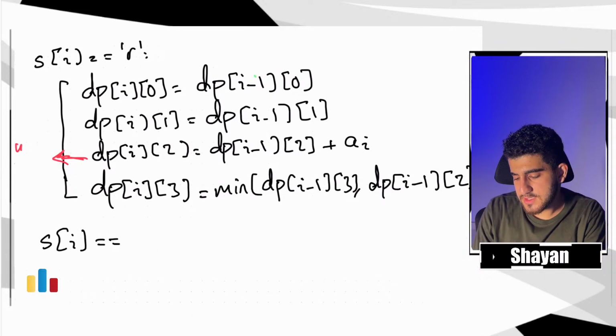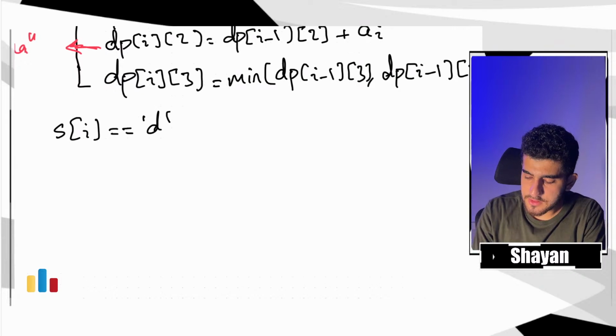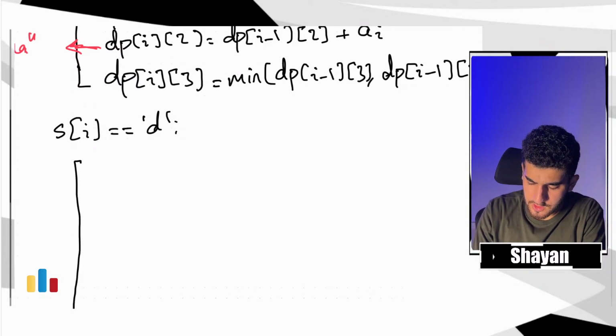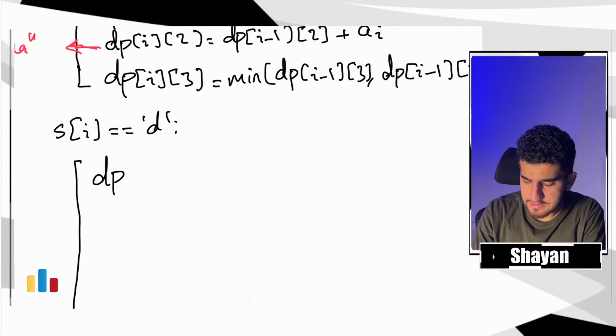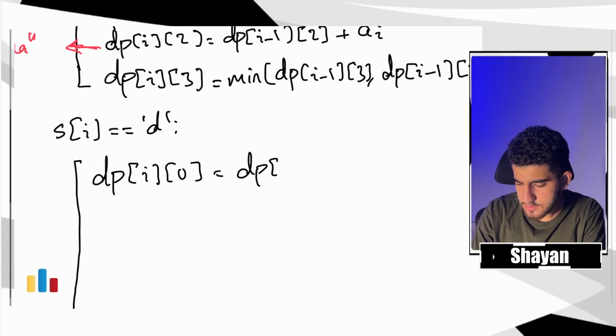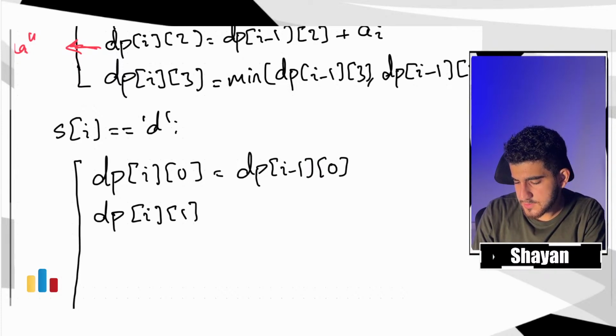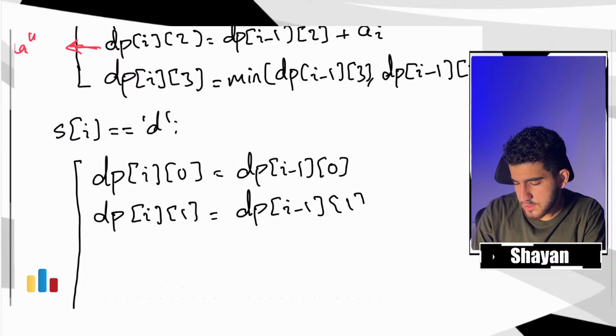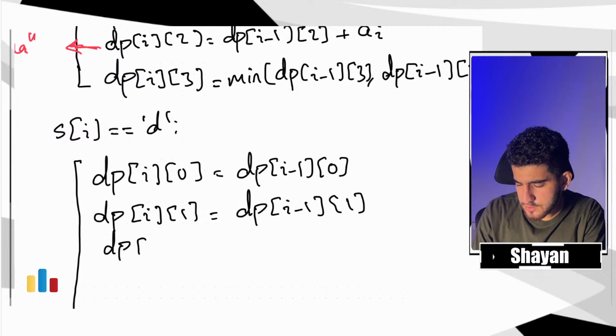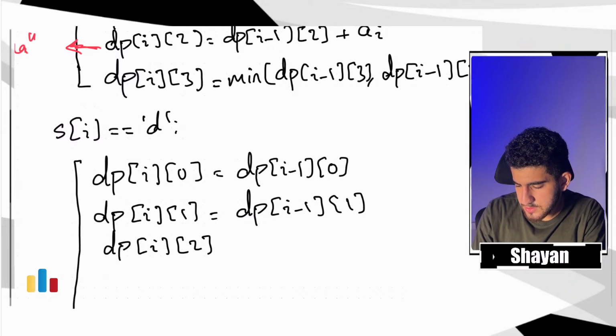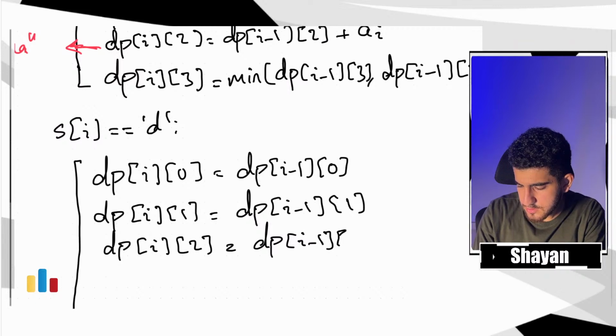And what about the case where it is D? Again, it's very similar. dp of i and 0, again, has no effect on it. It's dp of i minus 1 and 0. dp of i and 1 is equal to dp of i minus 1 and 1. dp of i and 2 is equal to dp of i minus 1 and 2.